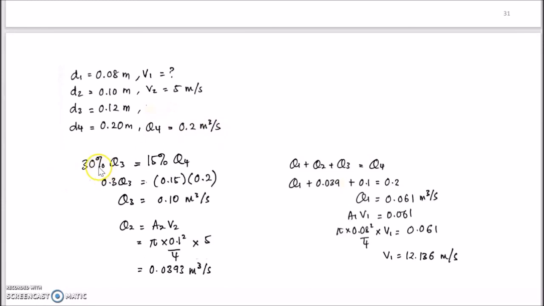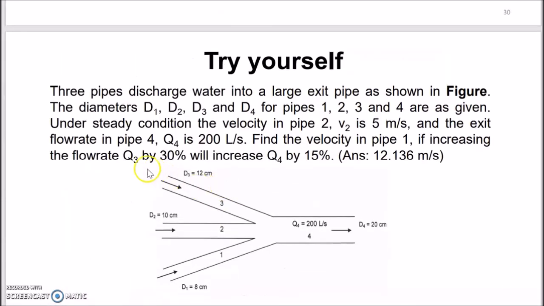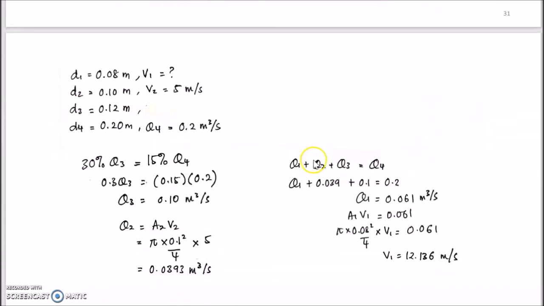It is stated in the question that increasing flow rate Q3 by 30% will increase Q4 by 15%. So 0.3 Q3 equals 0.15 Q4. Q4 in pipe 4 is given as 0.2. So we rearrange and we get Q3 is 0.1 meter cubed per second.